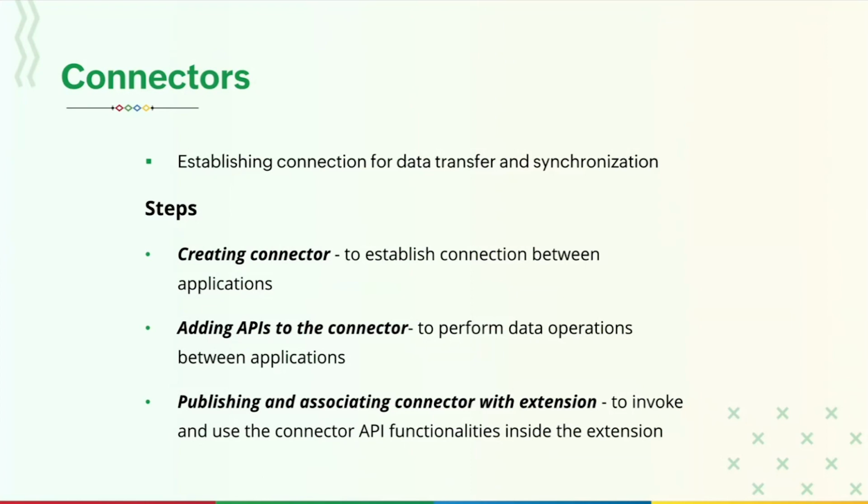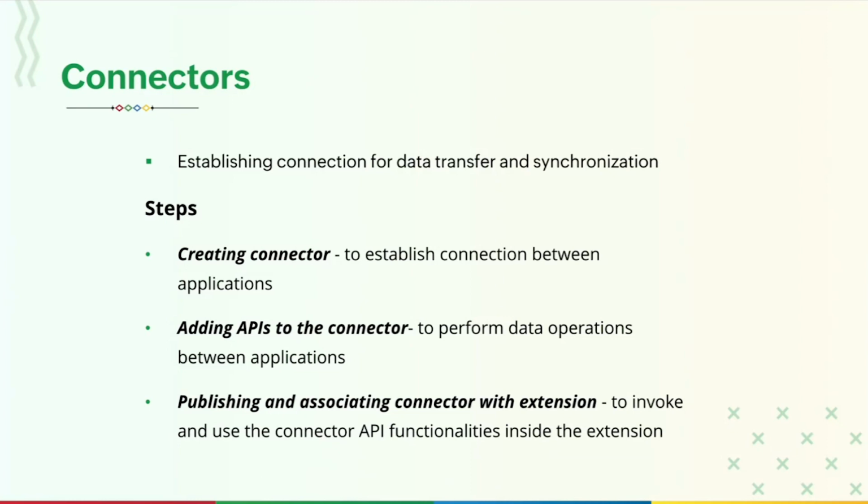These APIs are added so that the required data pull or push functionalities can occur between the applications. The connector will then have to be published and associated with the extension. Associating the connector with the extensions is necessary to invoke the connector API functionalities inside the extension components.